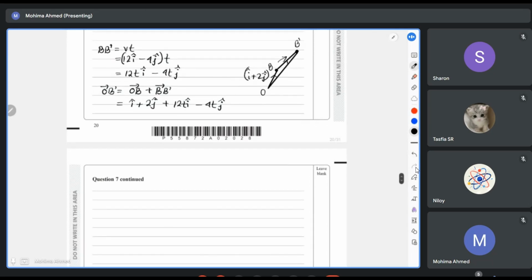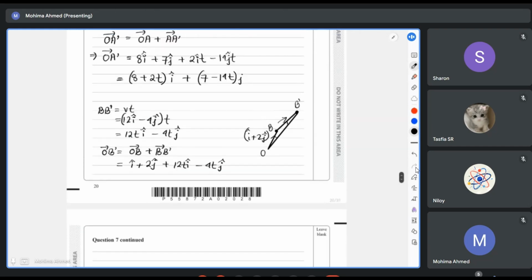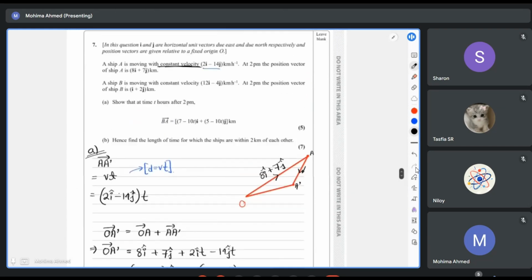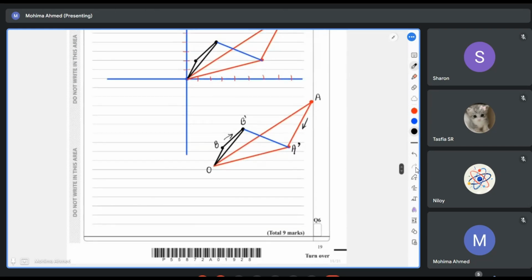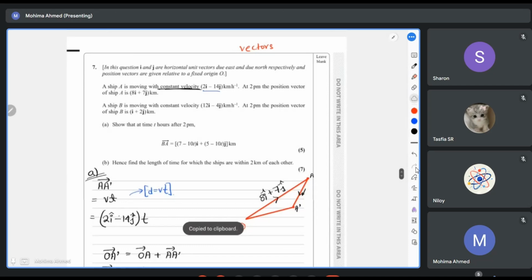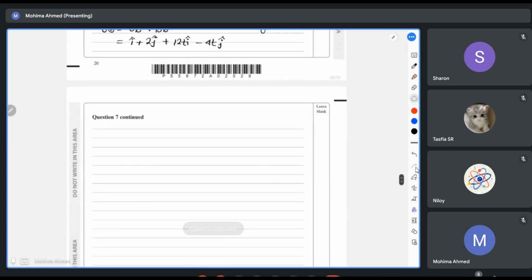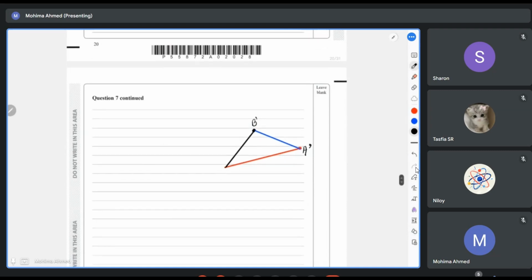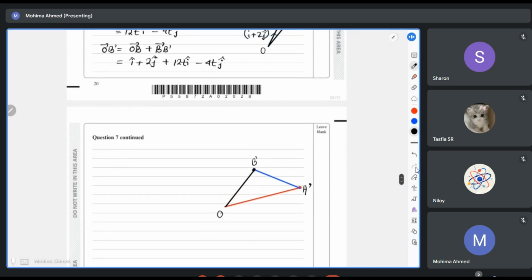Finally, for B to A, they were trying to find out the length of B to A, which means now you have to find out this. From this portion, we're just going to focus on this triangle. Right, this is O. OB prime was what?